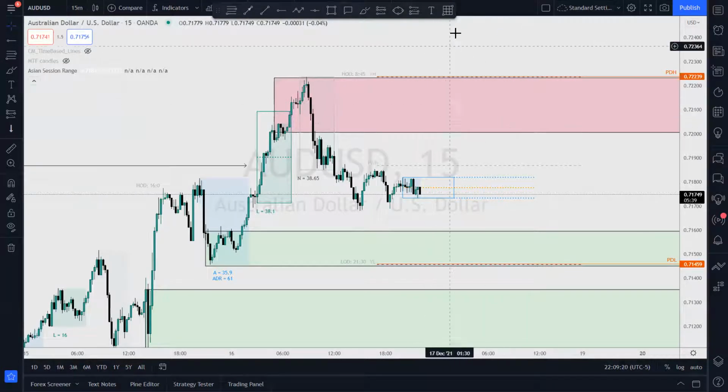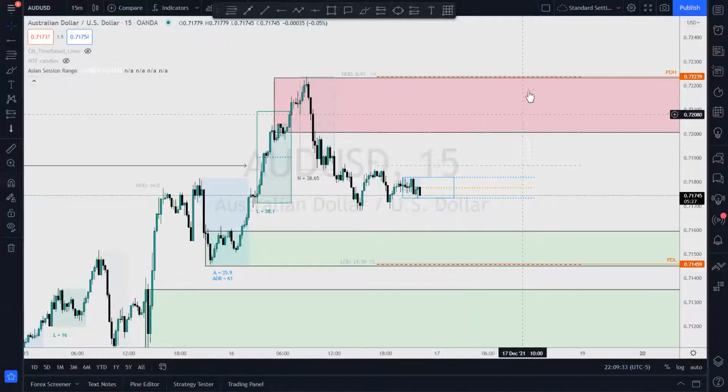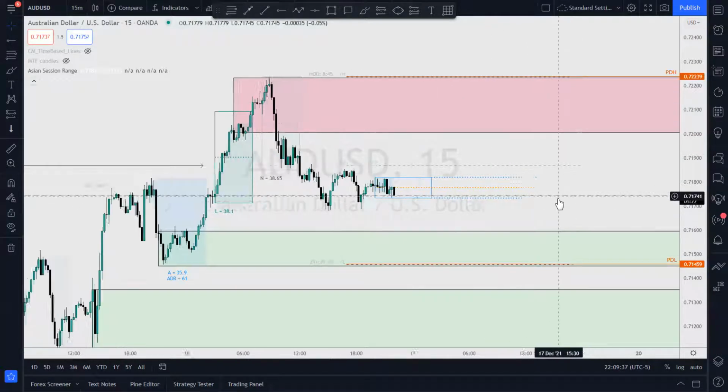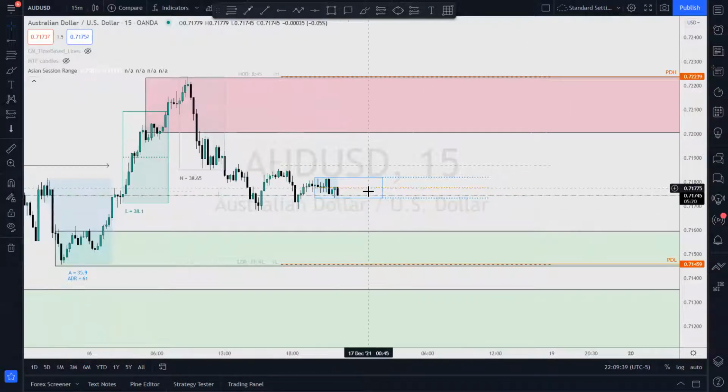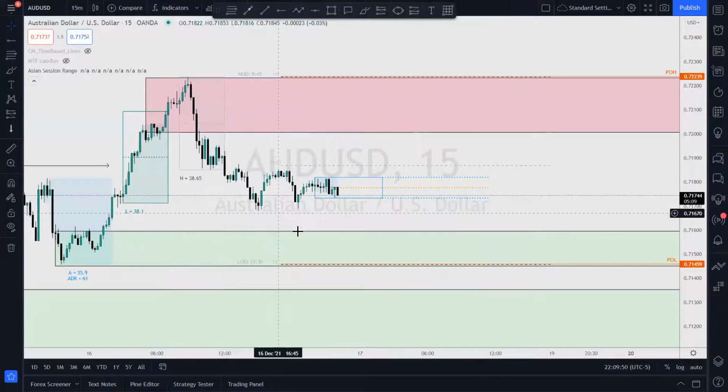If it breaks above, then breaks back below, sometimes you might see the London session find the high of the day, and then New York will get a similar price on a pullback, an OTE, optimum trade entry. Then you'll see New York turn bearish. Sometimes you see the very opposite.